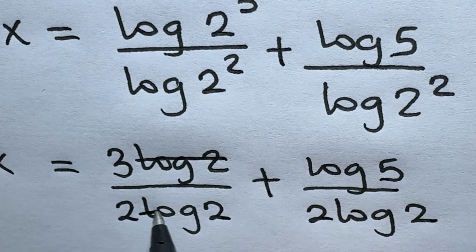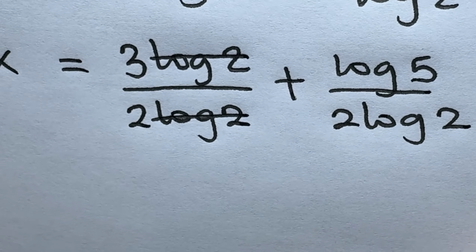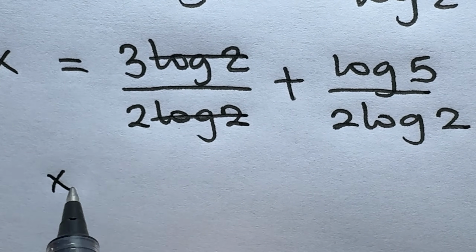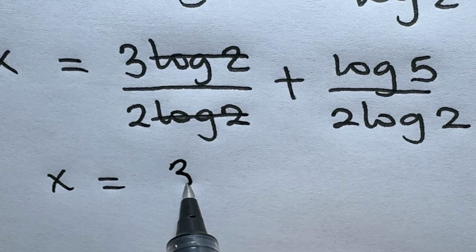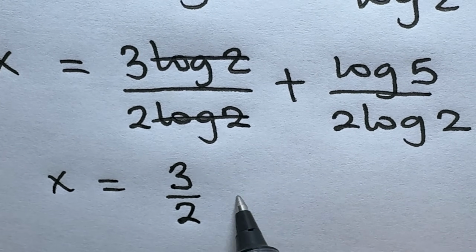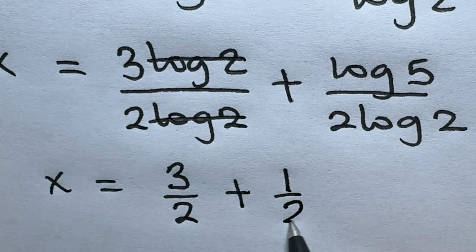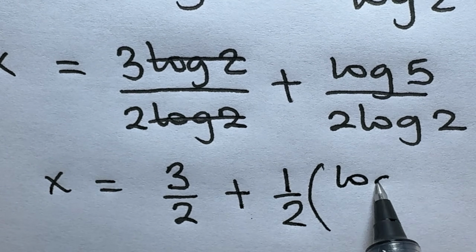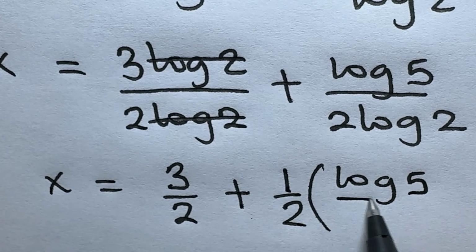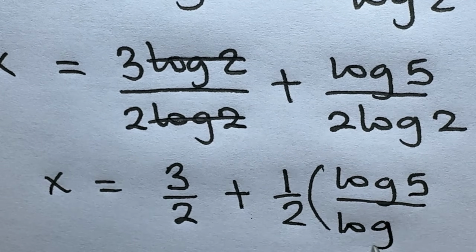Log 2 will cancel log 2 here. Then we get x is equal to 3 over 2 plus, I will express this as 1 over 2 times log 5 divided by log 2.